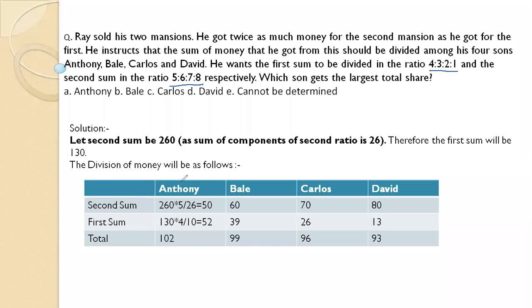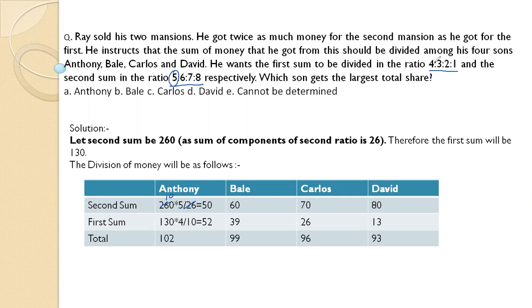So the second sum total is 260. Anthony gets 5 parts out of a total of 26 parts of this 260. So 26 into 10, therefore Anthony gets 50. Similarly, Bale gets 60, Carlos gets 70, David gets 80.